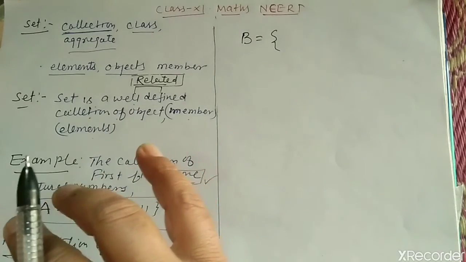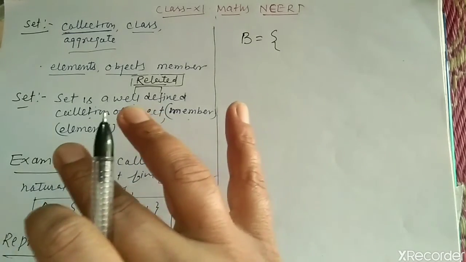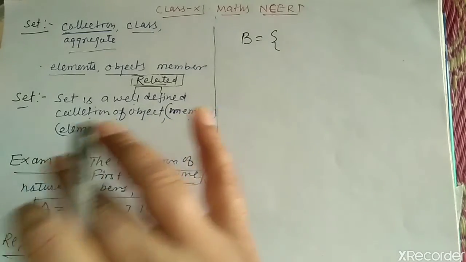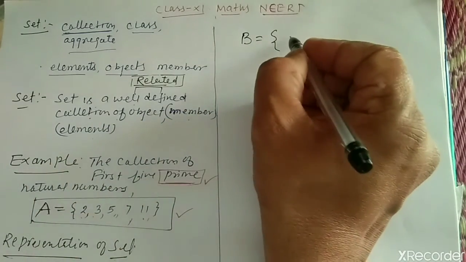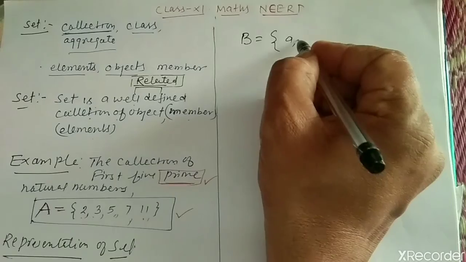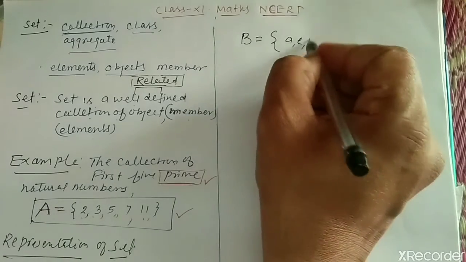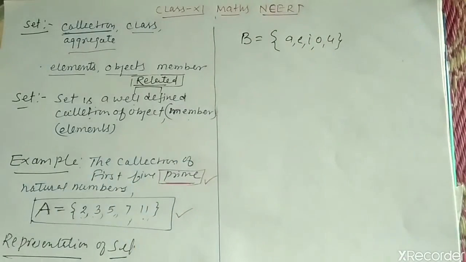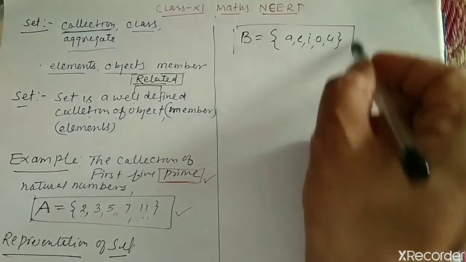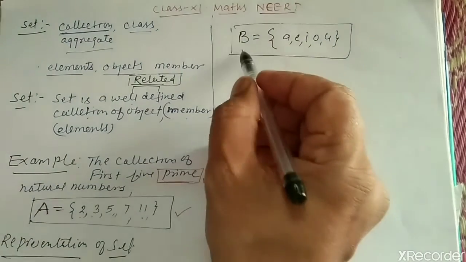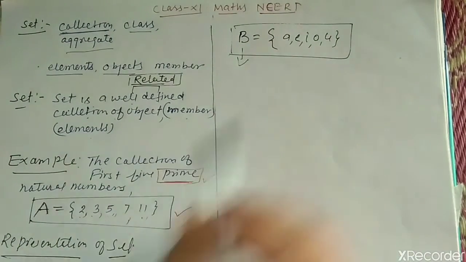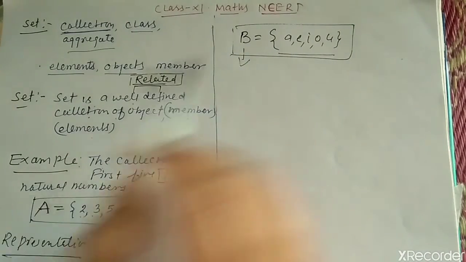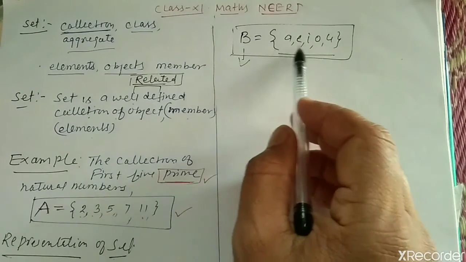Suppose the collection of vowels of the English alphabet. So we know that these are A, then we take comma, then E, I, O, U. So this is the representation of set. Set is represented by a capital letter B, and this is the collection, curly bracket and inside.